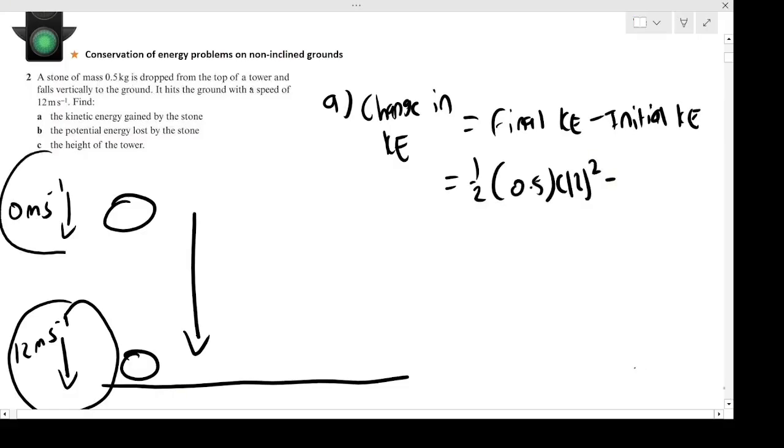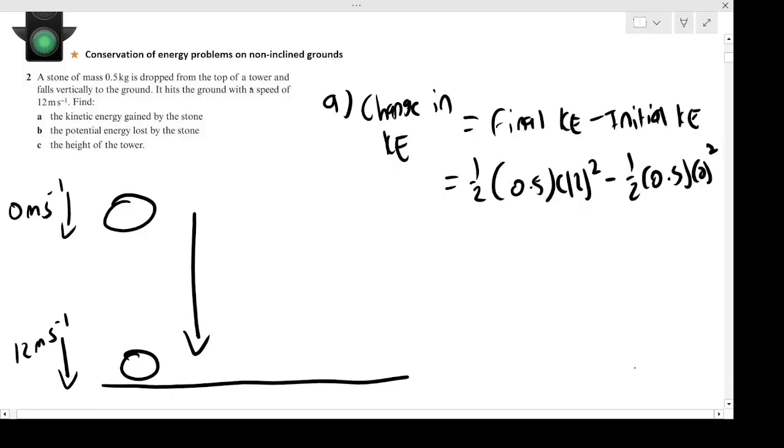Then the initial speed is 0, so it'll be half of 0.5 lots of 0 squared, and that goes to 0, so that means my change in kinetic energy is going to be 36, and that being joules, right? So there we are.